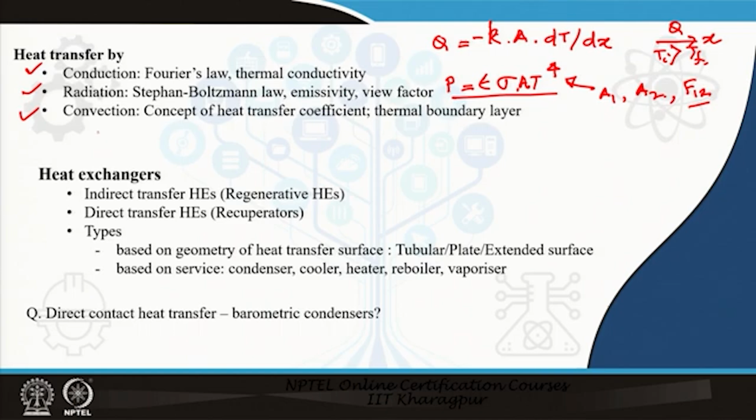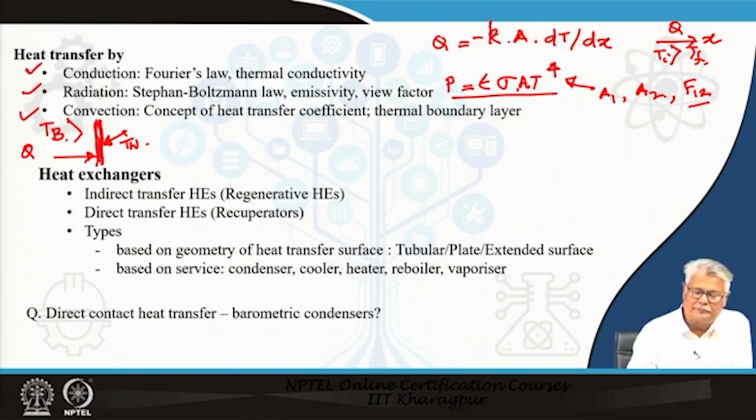In fact, if I have a medium which is in contact with a wall, this is the temperature of the wall and this is the temperature of the bulk medium itself. It is a liquid or a fluid, and Tb is greater than Tw, so the heat will get transferred from here to here. That will be my direction. So, what is the driving force? The driving force in this case is Tb minus Tw. Tw is basically this particular wall temperature or surface temperature.